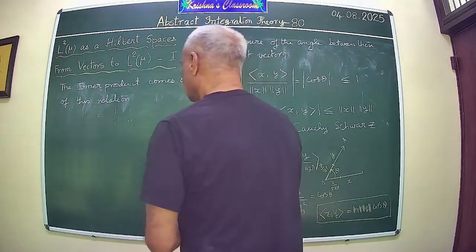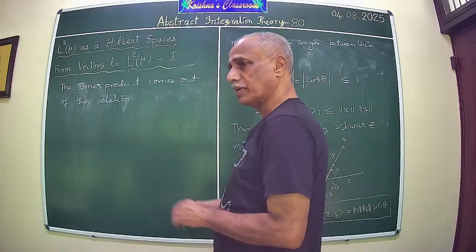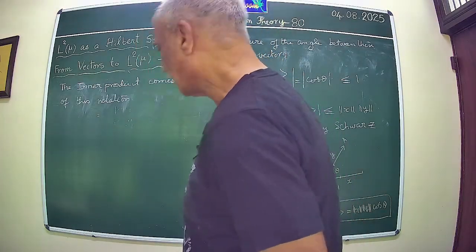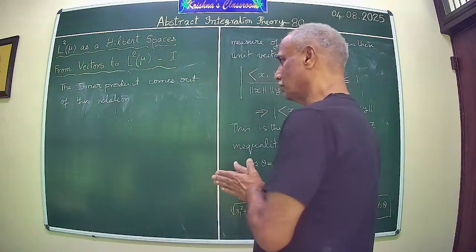In fact, for an ordered pair x, y, we are associating a number. That number has to do with the angle between vectors.